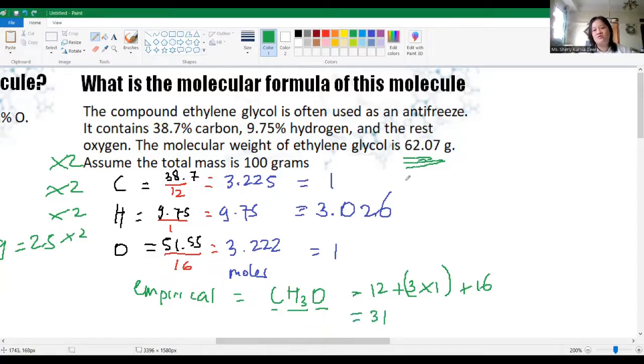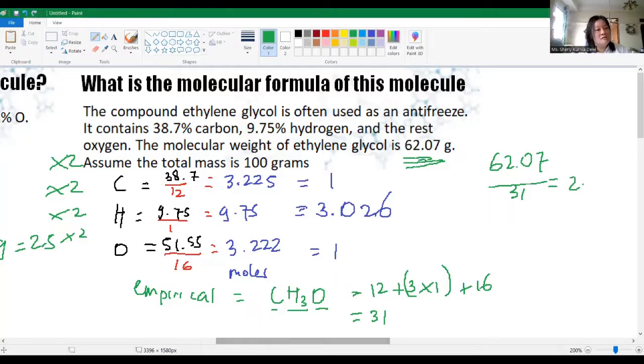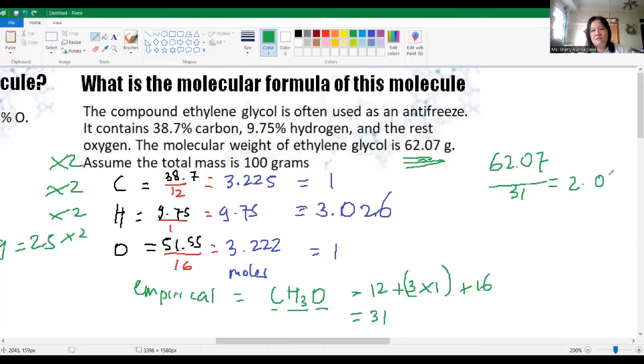We have 62.07, so we have to divide this one with 31. 62.07 divided by 31, not exact, it's okay, is 2.002.